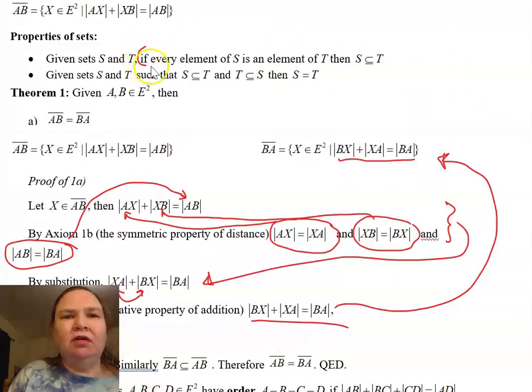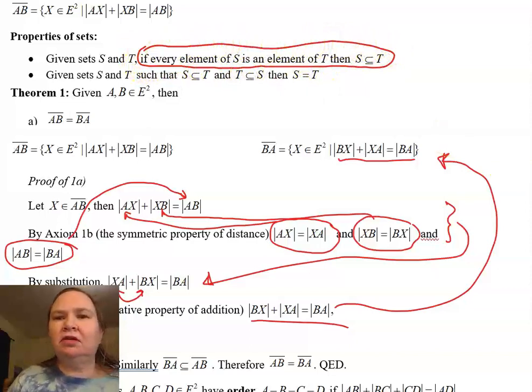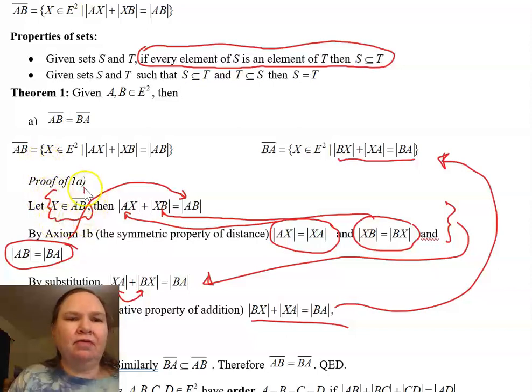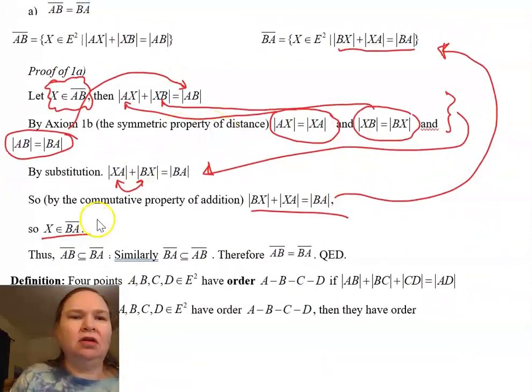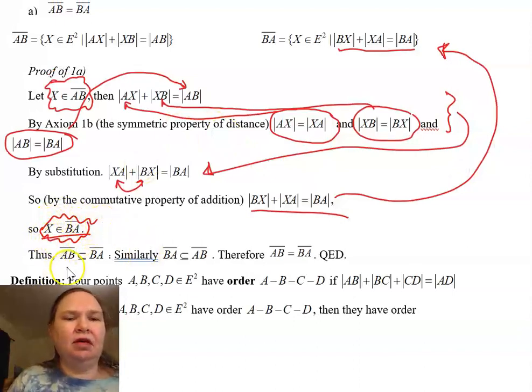If every element of S is an element of T, then S is a subset of T. If every element of the segment AB is also an element of the segment BA, then AB is a subset of BA.